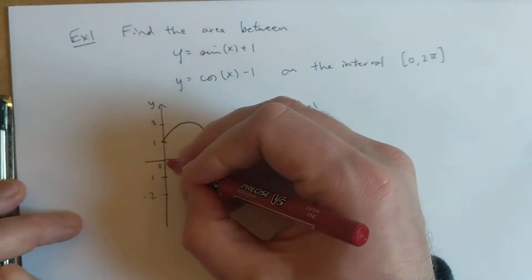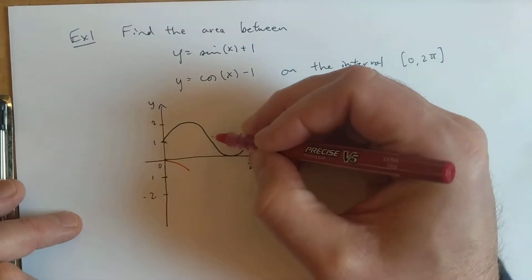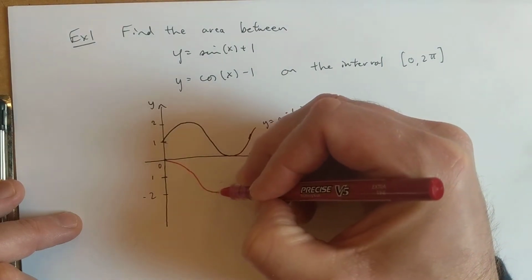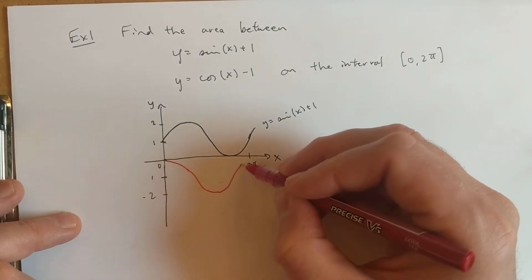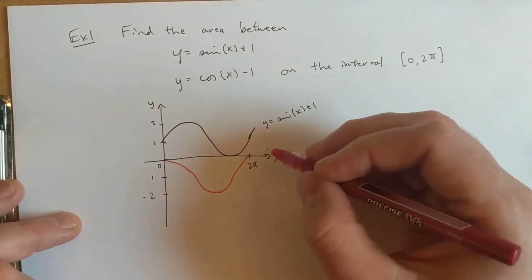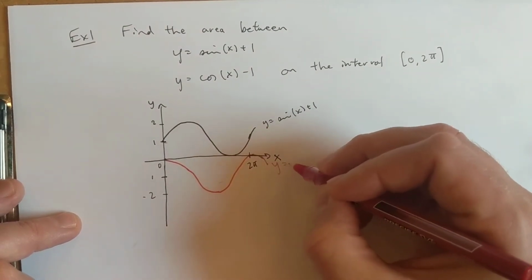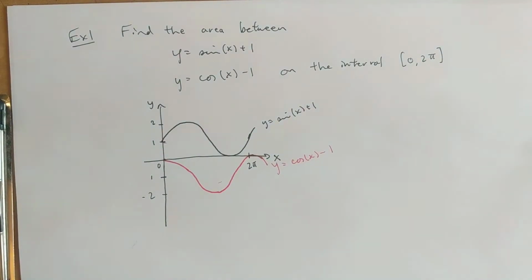So we're starting at 0, it goes around, and by the time we're at the middle, we should be at the bottom of the wave, and then we'll come back up to 0 when we get to 2 pi because it's been scooted down, and of course it keeps going. All right, so this is an approximation of y equals cosine minus 1.